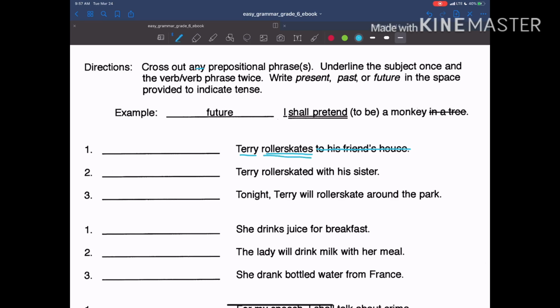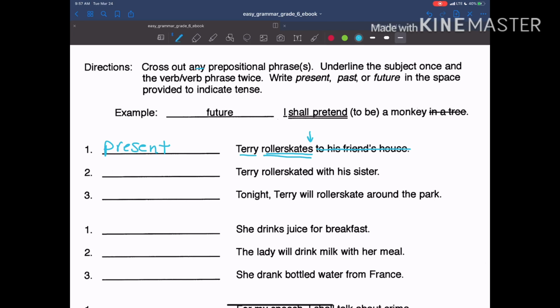Okay, is this past, present, or future verb? It is a present tense, because Terry is roller skating right now. So we're going to write present.